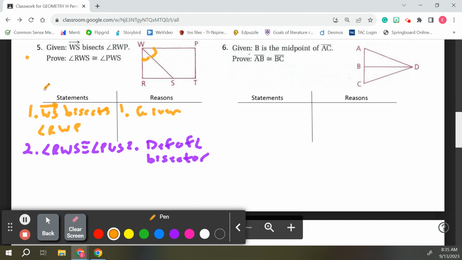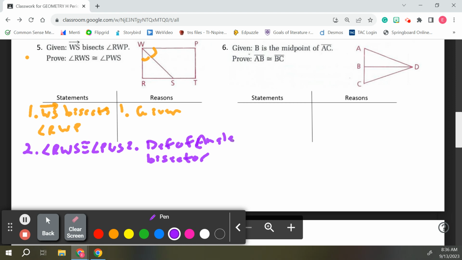Is the bisector always roughly down the middle? A bisector always splits it in half, so no matter what, it's going to be the same number. So they're going to be congruent. In theory, yes, it should be the same number. Because we don't have that physical number, that's why we use congruency. All right. Any other questions on 5?